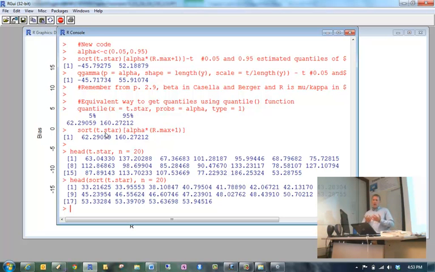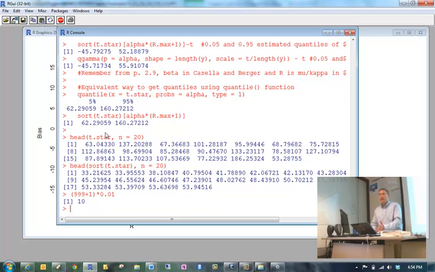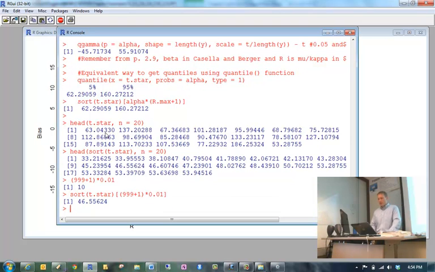Now, if I want to find the 0.01 quantile using our book's definition, what that says is I need to take 999 plus 1 times 0.01. I need the 10th location. So I do sort T dot star again, and then I'm going to do brackets to allow me to pull out 46.55, the 10th ordered value, which is right there.